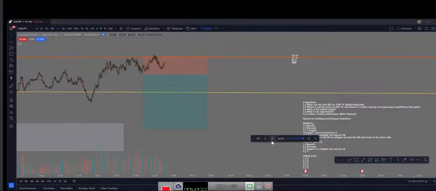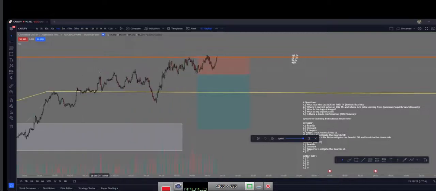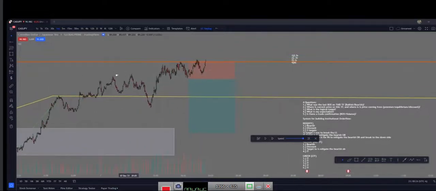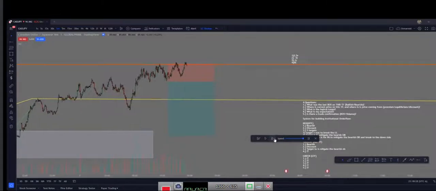All right, change of character. It's reaccumulating here, you know, at the area, taking the highs and the lows, so it's kind of weird. If we get a lot of strength to the upside, I'm thinking of taking it long.